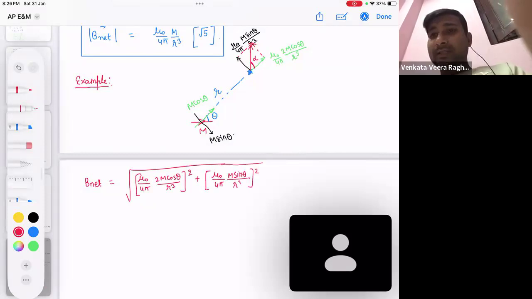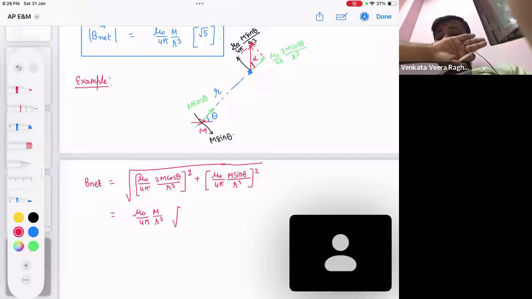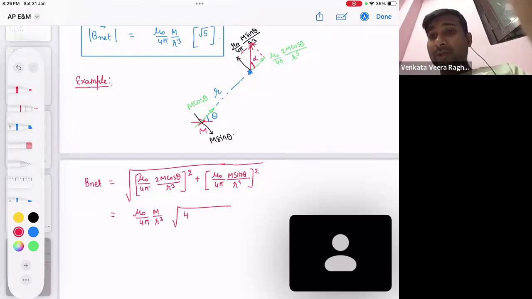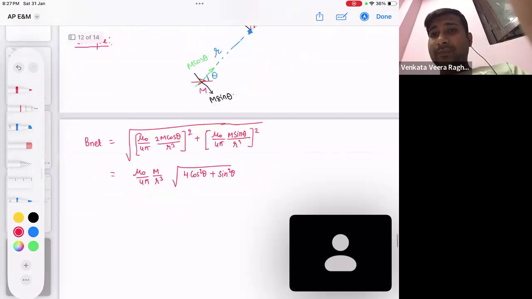Now just simplify it. Mu naught by 4 pi is common, m is common, r cube is common, under root of 2 cos theta whole square, that means 4 cos square theta, plus sin square theta, isn't it? One of the cos square theta you can bring outside.